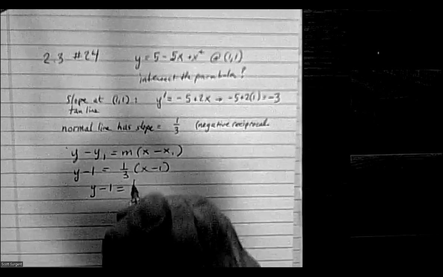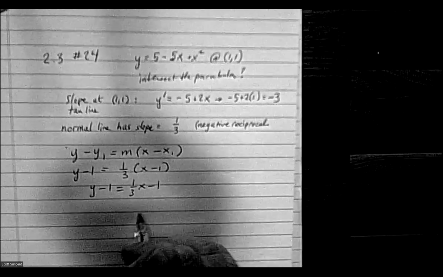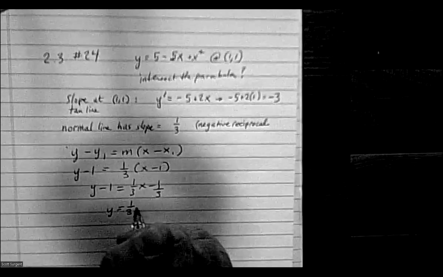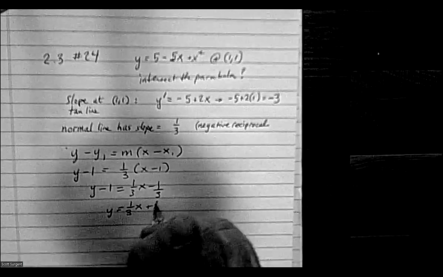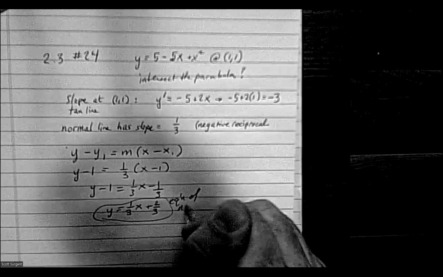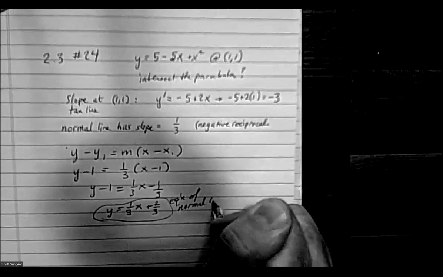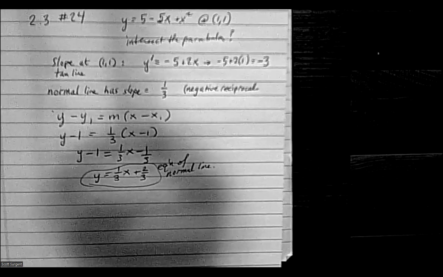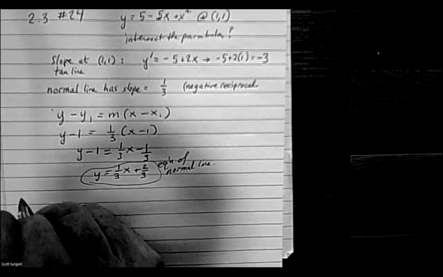We get a third x take away a third, and you add 1 to both sides, you get 1/3 x plus 2/3. All right, that's the equation of the normal line. And what we're then going to do is set it equal to the original function to find where they intersect.